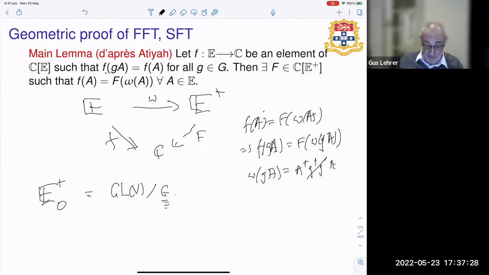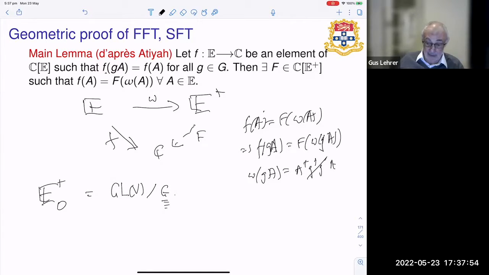So this space, E plus naught, can be identified with the set of non-degenerate forms of the type we're considering, whether symmetric or anti-symmetric or mixed or whatever.